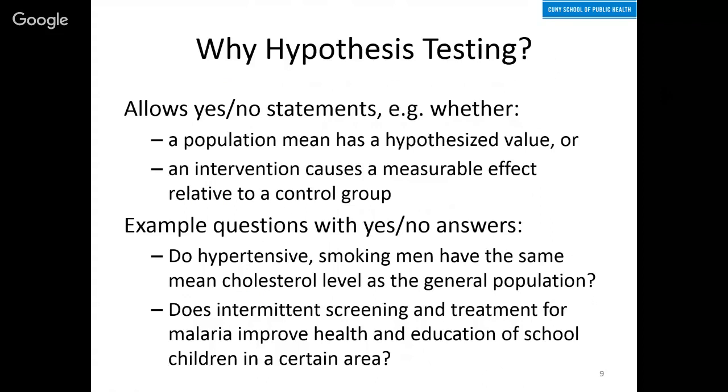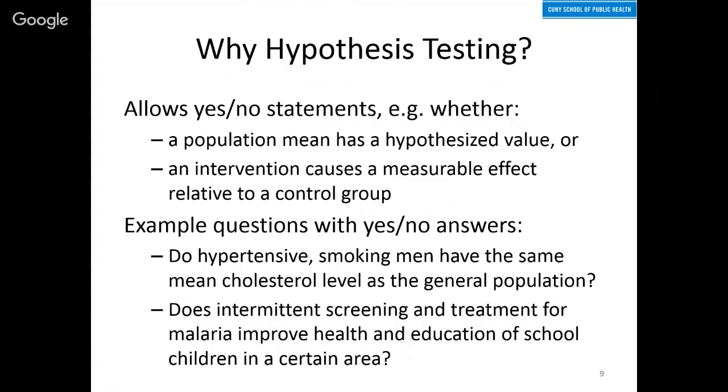So it can relate to means and also to proportions. Say, do hypertensive smoking men have the same mean cholesterol level as the general population? Or does intermittent screening and treatment for malaria improve health and education of school children in a certain area?